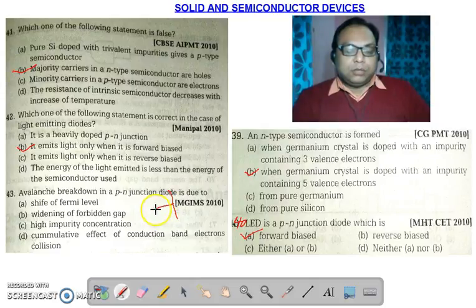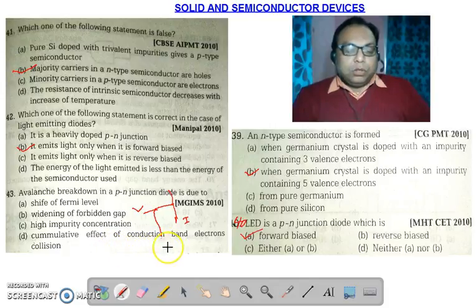Suppose if you see the graph, this is the VI characteristics of the reverse bias of the diode. So this is I and this is V. At avalanche breakdown, at this point, breakdown takes place and current increases sharply.